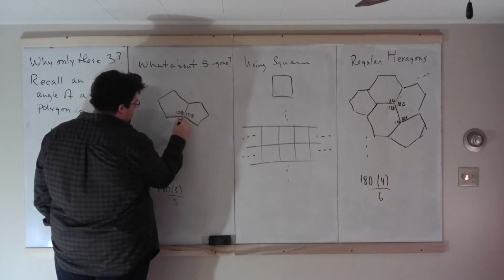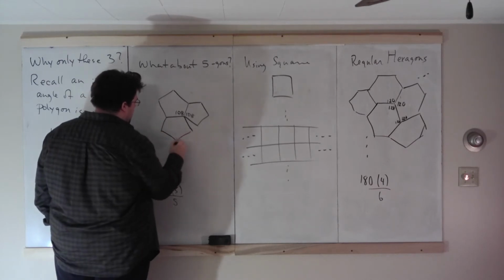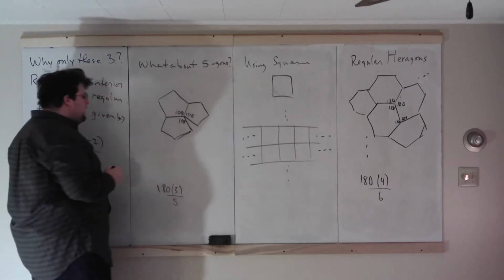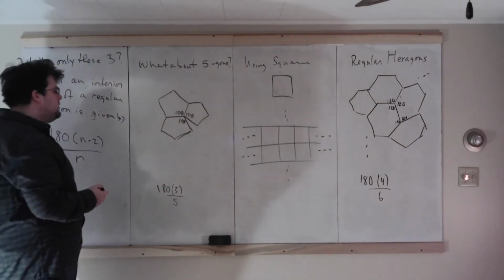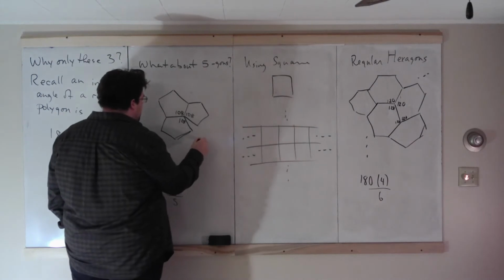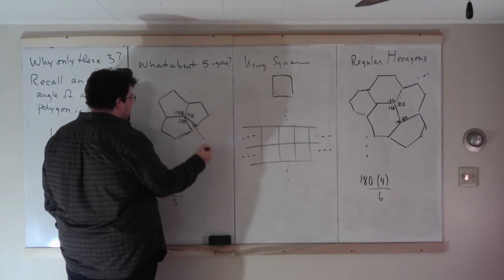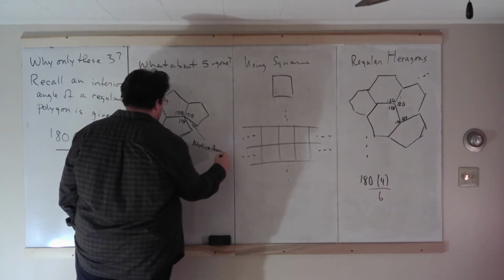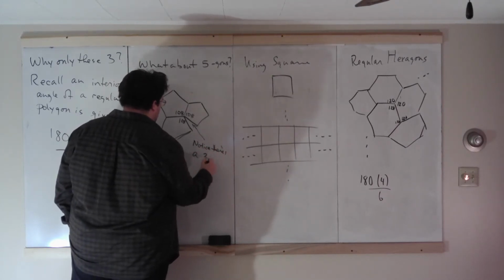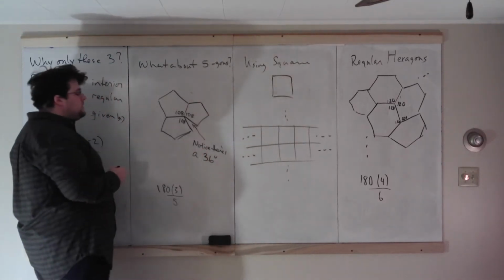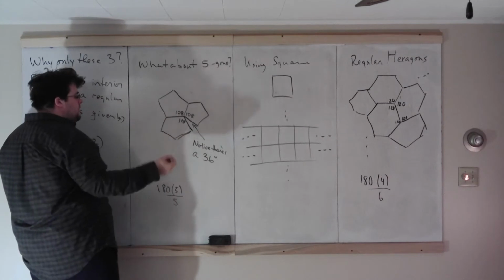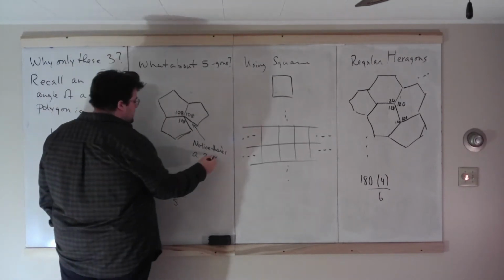So we can fit another pentagon, but notice what we get. Let's see, what would it look like? Something like that, with 108. But what is left in this gap? Can we fit another pentagon? We can't fit another pentagon, because what's in there is 36 degrees. These add to 324. 324 from the full circle gives us 36 degrees.